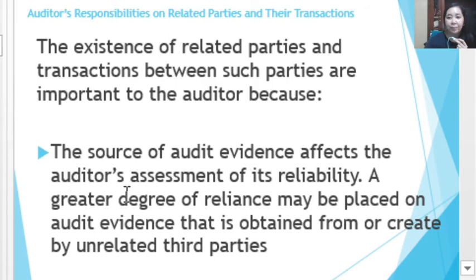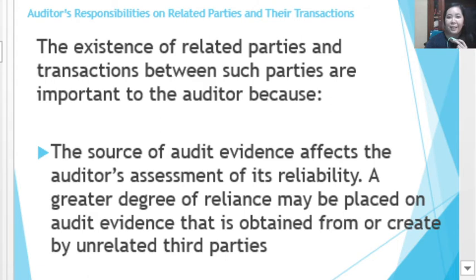Another is the source of audit evidence, because this will also affect the auditor's assessment of its reliability. A greater degree of reliance may be placed on audit evidence that is obtained from or created by unrelated third parties, because we've discussed before the sources of audit evidence that are considered more reliable.